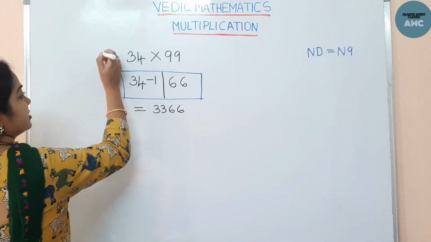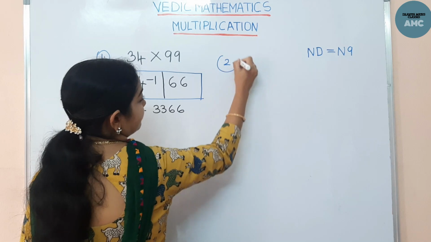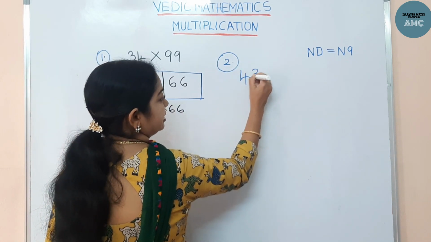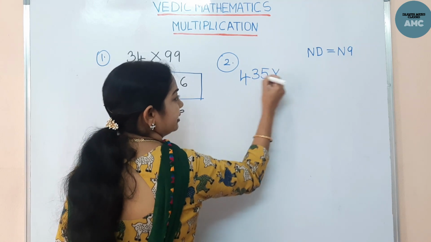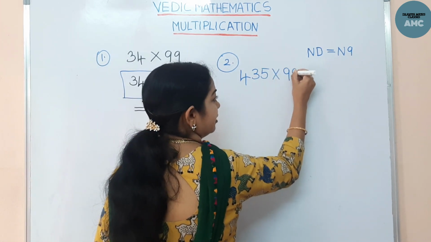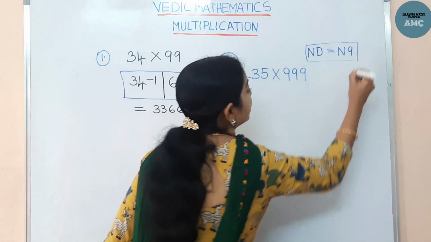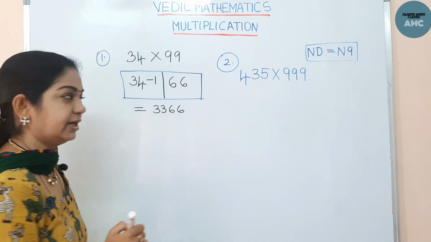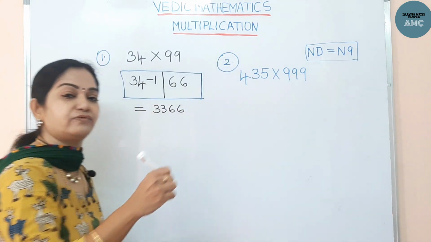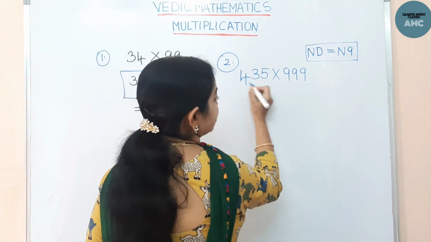Now let me take another example. Let us take a 3-digit number, 435, and since it is a 3-digit number, let me take 3 nines. Here we are considering the number of digits equal to the number of nines. Later on we will also see the number of digits less than the nines, and more than the nines.